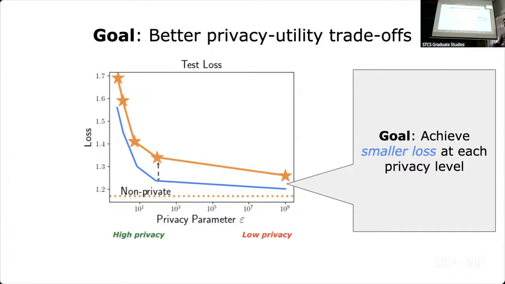In this graph, do you really mean 10 to the 9? It is 10 to the 9, yes. So this epsilon is a measure of the gap between those distributions. So that parameter is 10 to the 9, which is like vacuous. Less privacy. Yeah. So the ratio of the probabilities is around e to the 10 to the 9. We are allowed to go this large.